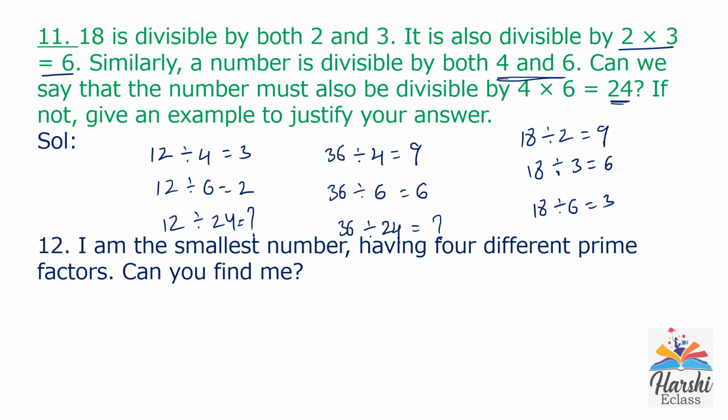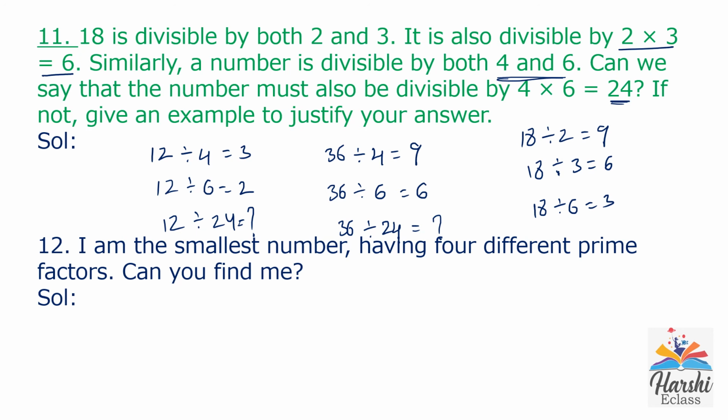12th question. I am the smallest number having 4 different prime factors. Can you find me? Here the smallest number having 4 different prime factors is the product of the first 4 prime numbers.